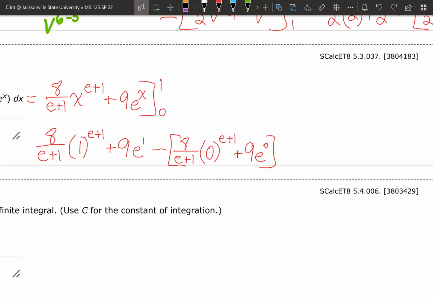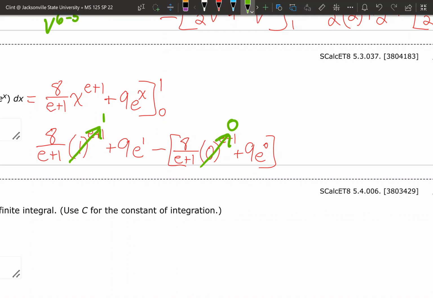1 to any power, what's that going to be? 1. So this whole mess is just 1. E to the first is just e. 0 to any non-zero power, what's that? 0. So this whole thing's 0.